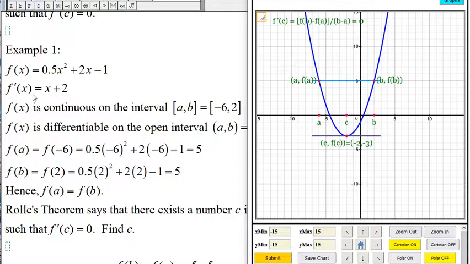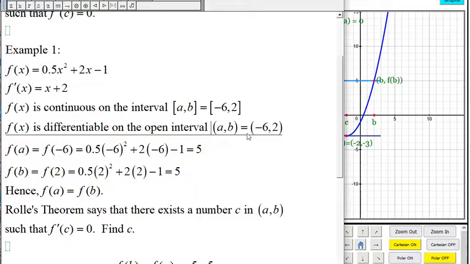And the derivative is x plus 2. So on the interval from negative 6 to 2, the derivative exists for every number from negative 6 to 2. So this function is differentiable on the open interval from negative 6 to 2.